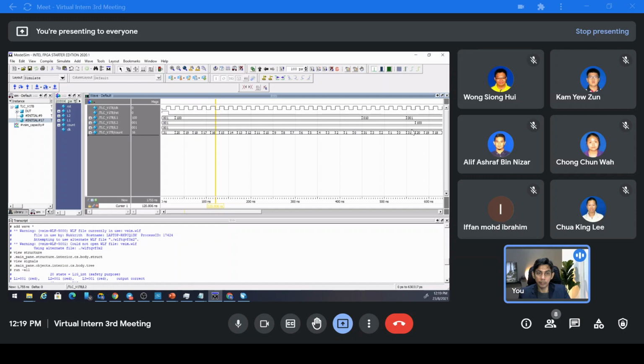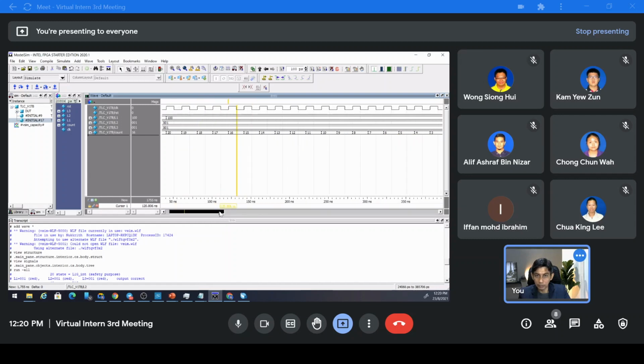Red, red, red. This is for safety purposes for 1 cycle. Then, this is for 3 seconds until this one changes to red. Then L2 changes to green, and this one is red.